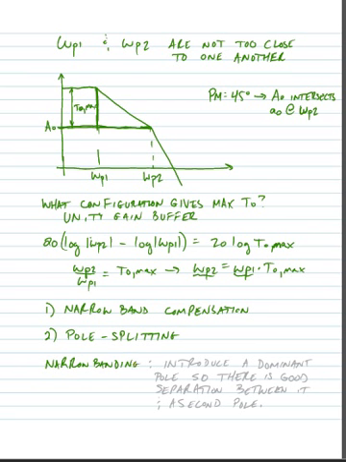So in narrowbanding, what we're going to do is introduce a dominant pole so that there's a good separation between it and a second pole.